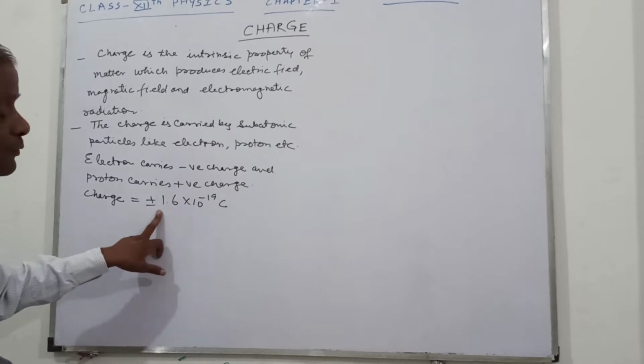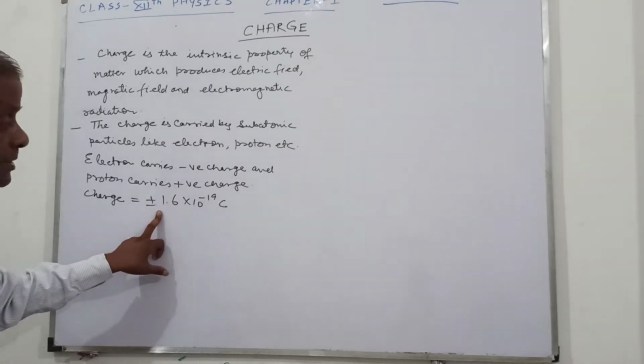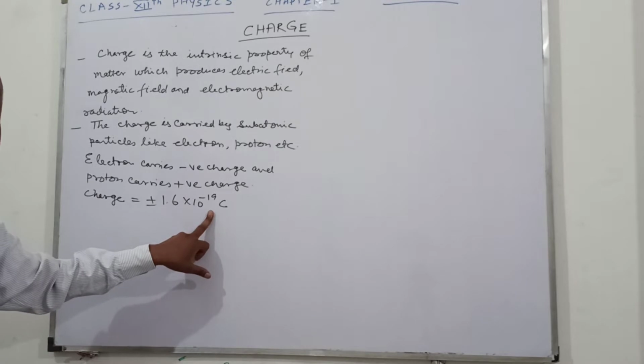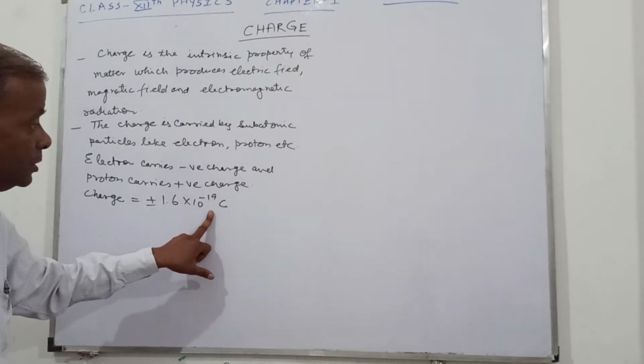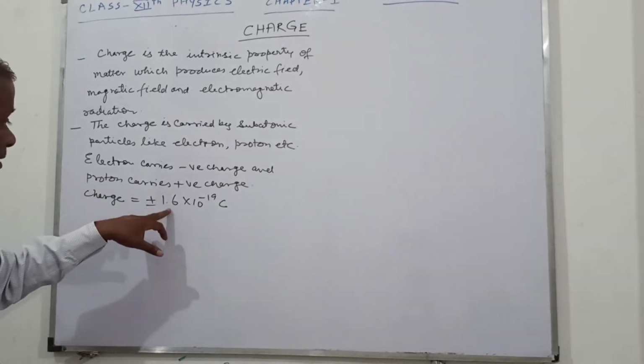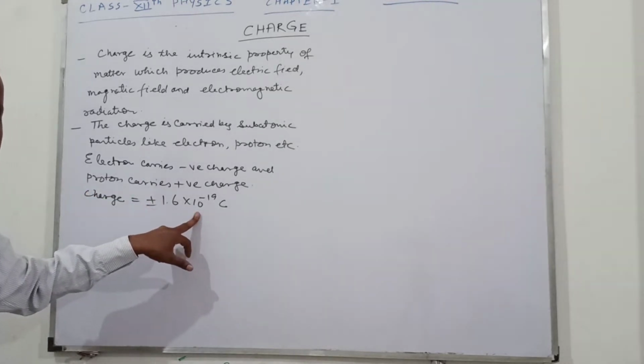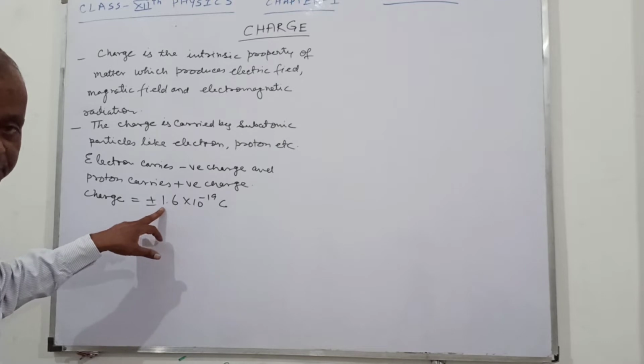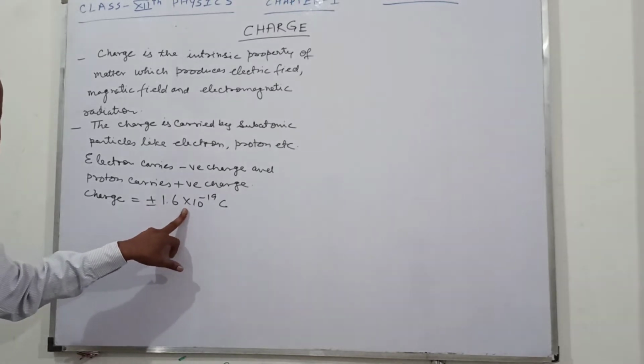So combinedly we can write that charge equals plus minus 1.6 times 10 to the power minus 19 coulomb, because the electron has only so much charge and proton has so much charge. Since a smaller charge is not possible, this is the minimum charge.